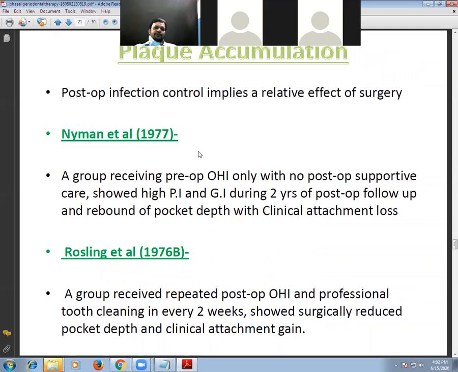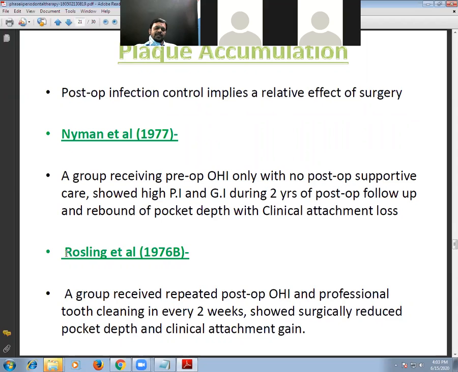The post-operative infection control implies a relative effect of surgery. Various authors have studied after performing phase 2 therapy, some patients were placed on only pre-operative OHI and not post-operative. These patients showed that there is rebound of pocket depth with clinical attachment loss.